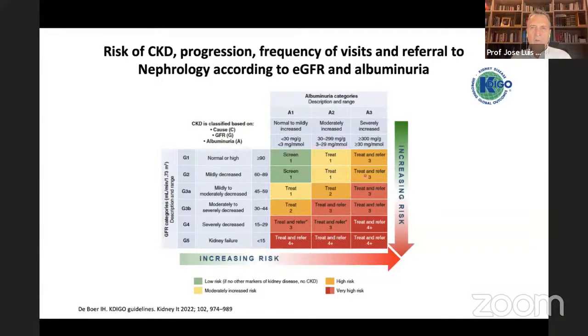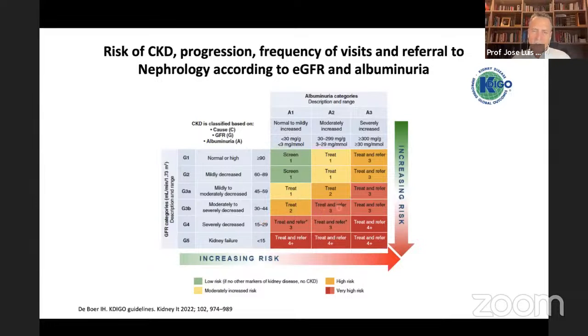In general, patients with albuminuria greater than 300, proteinuria, should be referred to a nephrologist because they have more rapid progression, and we say to take all the actions. In general, with GFR below 30, you should refer.